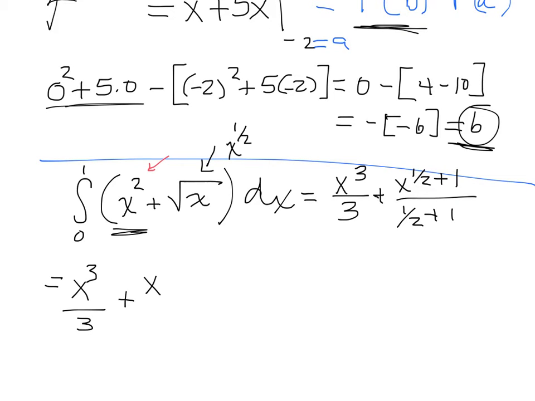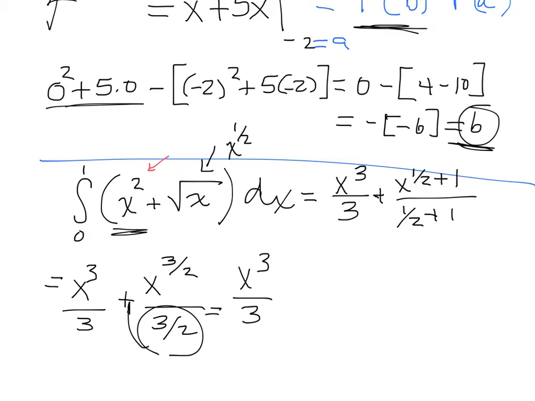We have x, if I change 1 to 2 over 2, that'll be 3 halves over 3 halves. This, I can bring the 2 up to the top. So plus 2/3 x to the 3 halves. And this is what we're evaluating from 0 to 1.